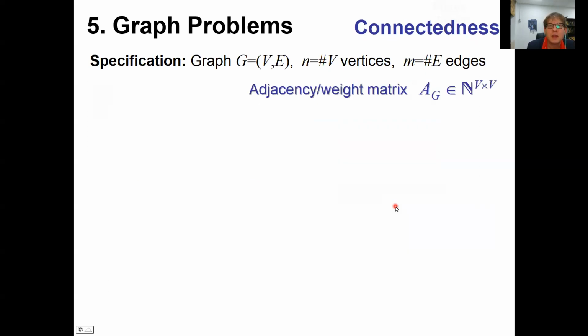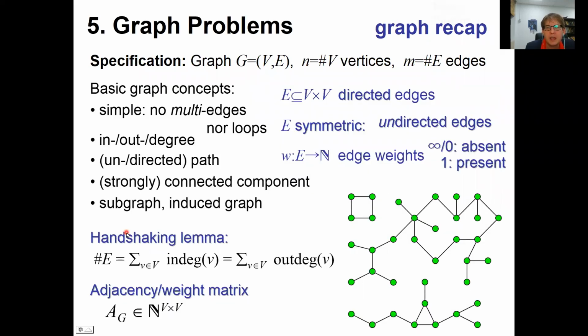And now we're moving on to start talking about connectedness as a computational property and problem. We've seen that all the previous graphs here are connected, but we've also seen examples of graphs which are not connected, like this one here.